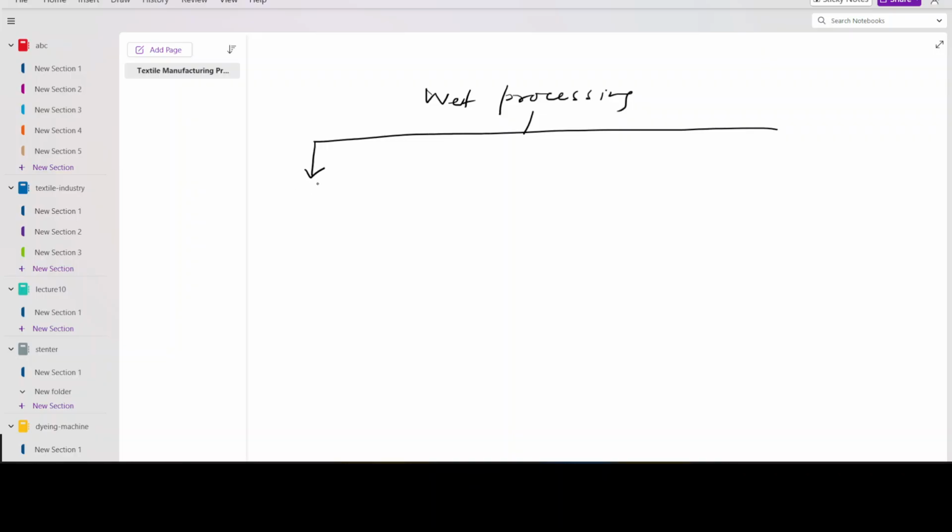One is weaving and the other is knitting. So we have wet processes, separate processes for weaving and separate wet process for knitting.